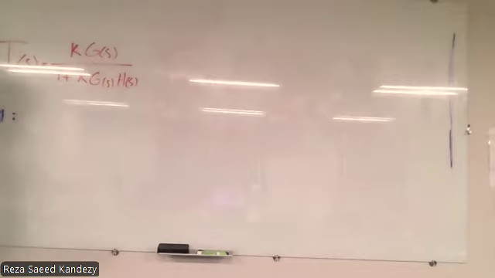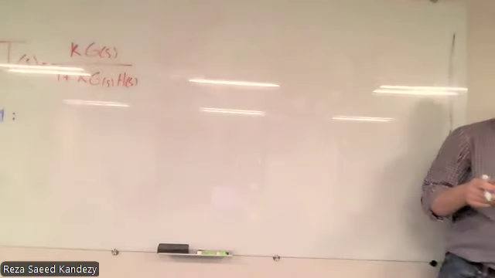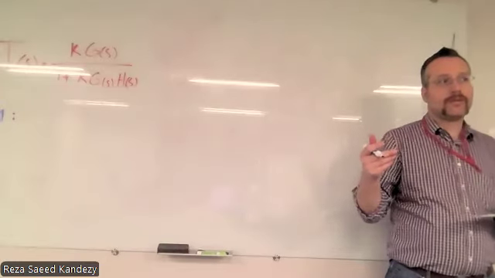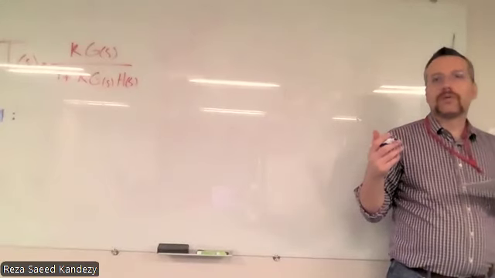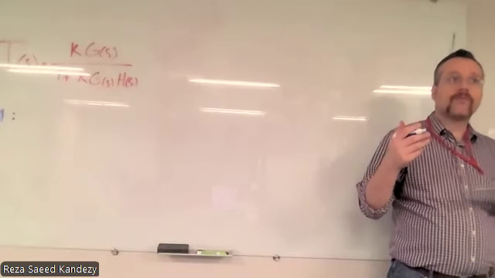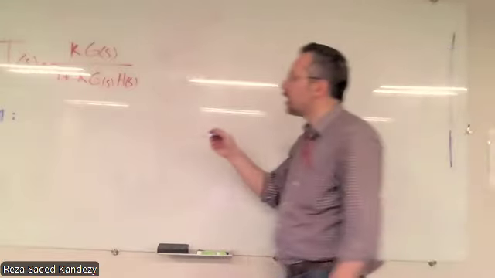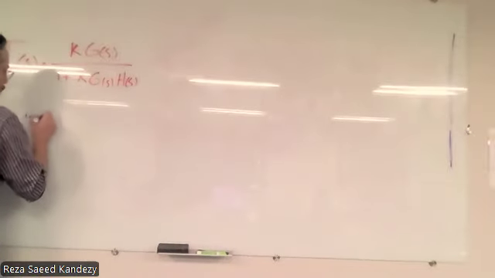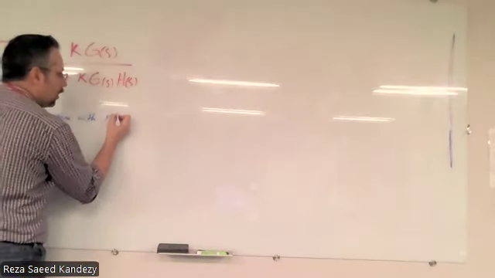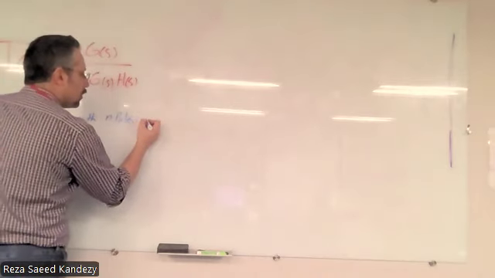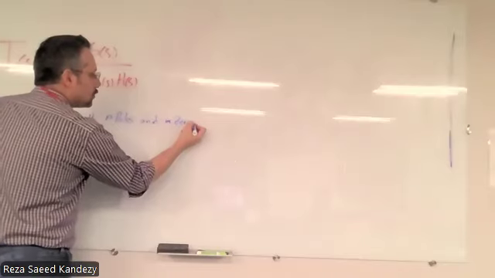Now, rule number one is that in any root locus, the number of branches that we have is going to be equal to the number of poles or zeros, whichever is bigger. So let's say we have a system with n poles and m zeros.